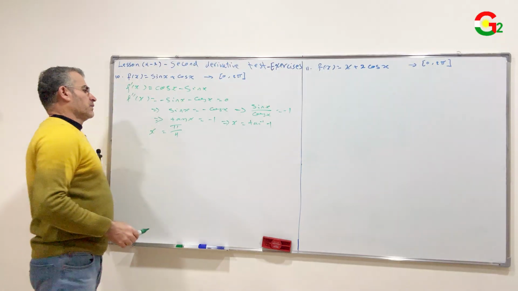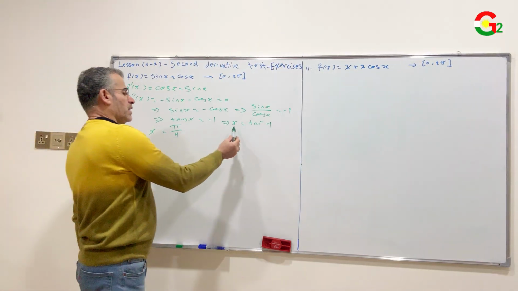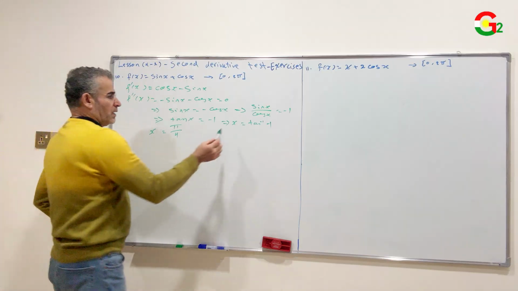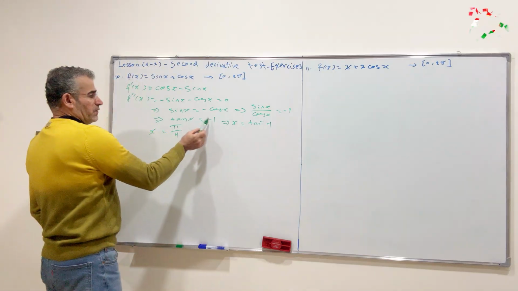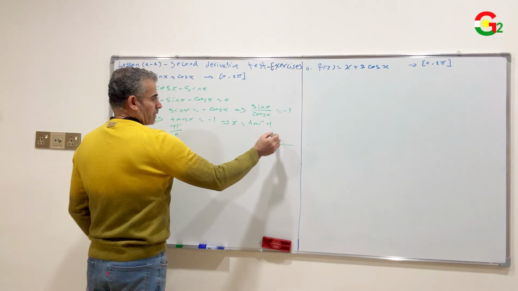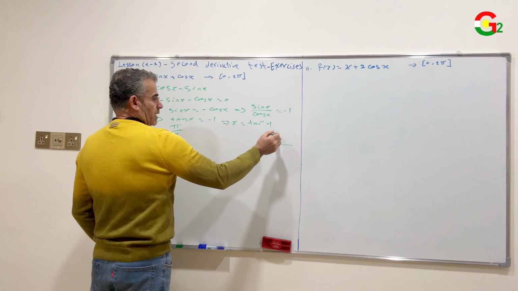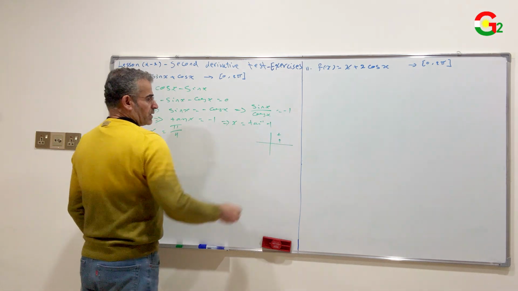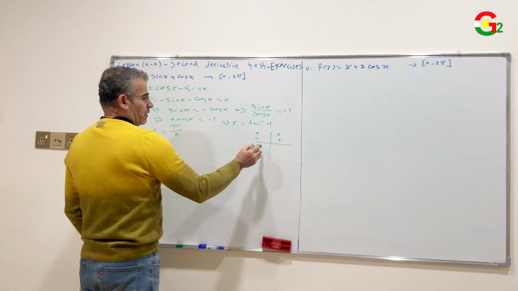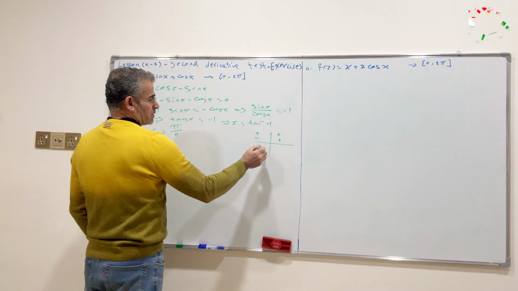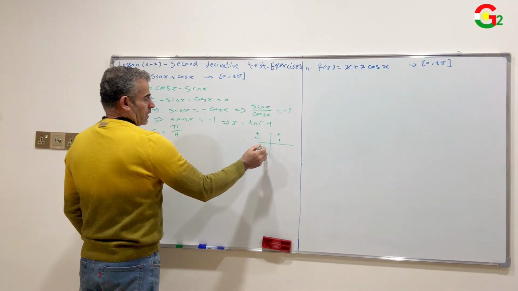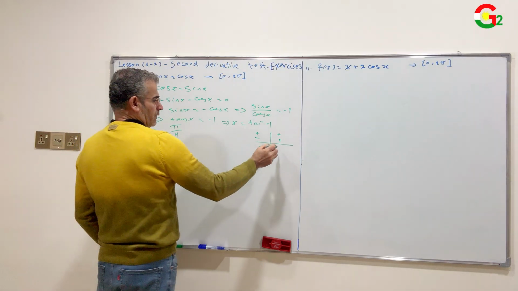You can easily find from the calculator tan inverse of 1 is pi over 4. The tan is negative in quarter 2 and quarter 4. In quarter 1, the sine is positive and cosine is positive. In quarter 2, the sine is positive, cosine negative. In quarter 3, the sine and cosine are negative, so the tan is positive.